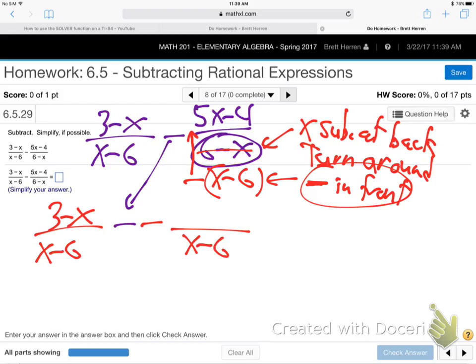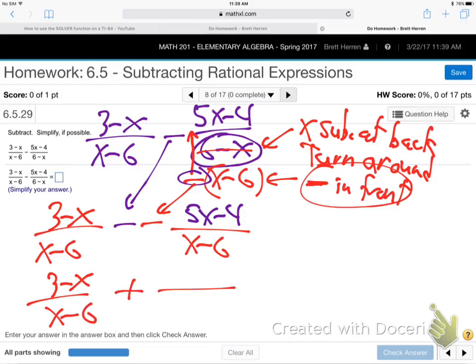If I can keep the colors the same here. There. Does everybody see what happens? This new minus is now there. So we got 2 minuses, which is what? Positive. And they're gone. Poof. 3 minus x over x minus 6 plus. Everybody see what happened there?